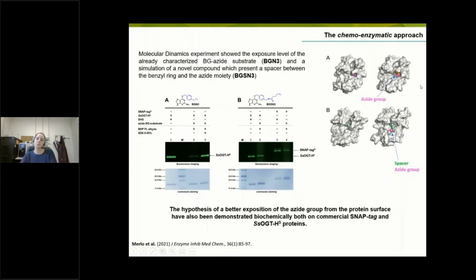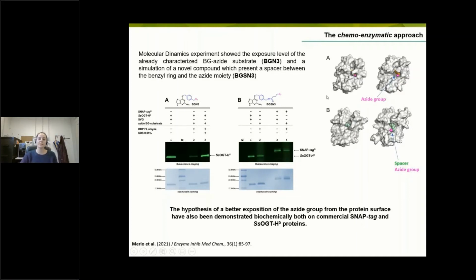So in collaboration with two groups of the University of Piemonte Orientale, we started by studying two kinds of substrate. One is already known in the literature, and it is usually used as a building block for the synthesis of new compounds. And the other one is a new substrate which presents a spacer between the benzene moiety and the azide group.